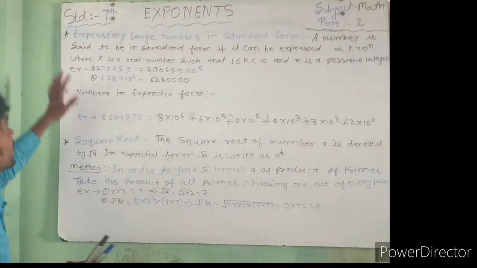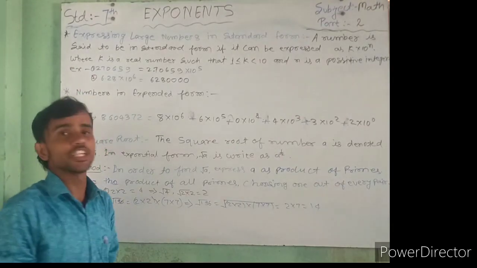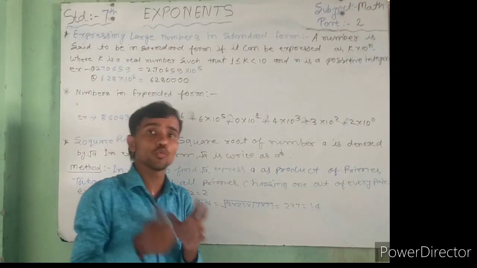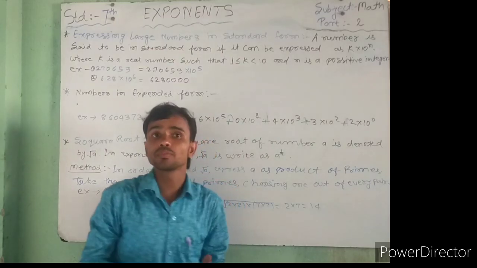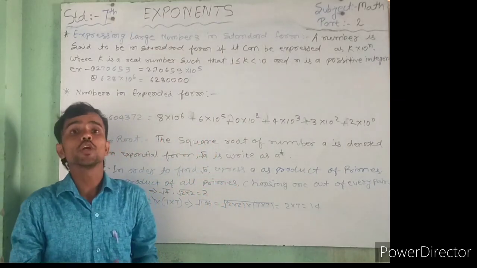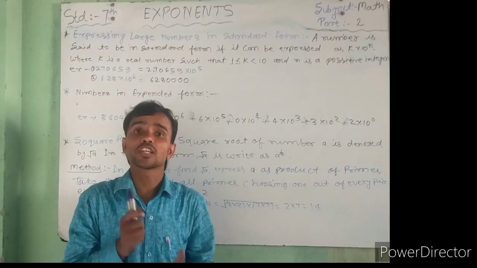Okay, so our next topic is expressing large numbers in standard form. My dear students, you also know this from class 5th and 4th, where you learned standard form and expanded form.